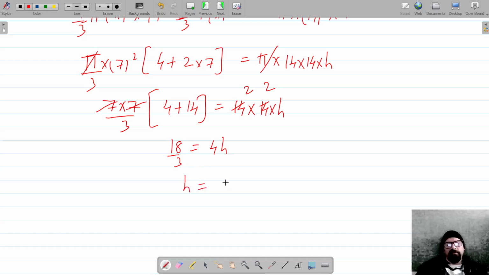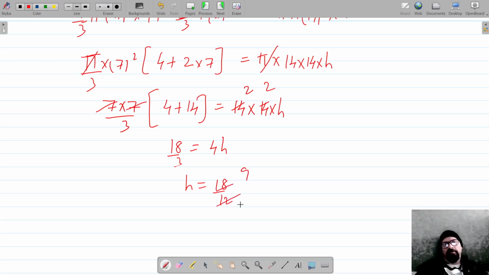So h is equal to 12 by 18. So we have got the height, and this is, actually this should be height is equal to 18 by 12.